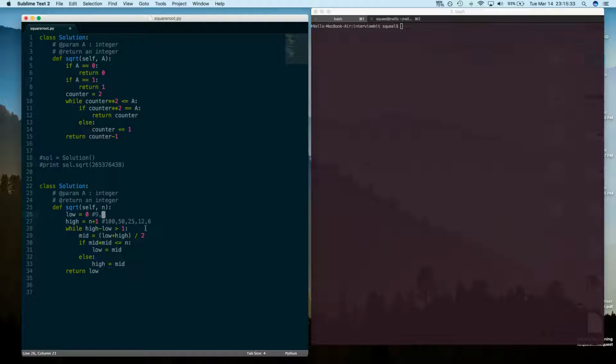So that's less than that. 6 is less than that. So the mid is now 6. I don't know how this works.